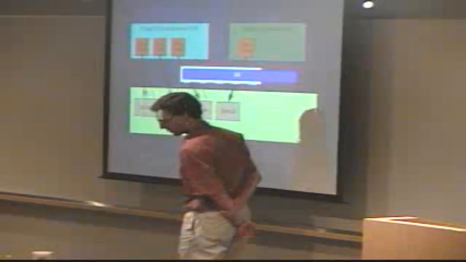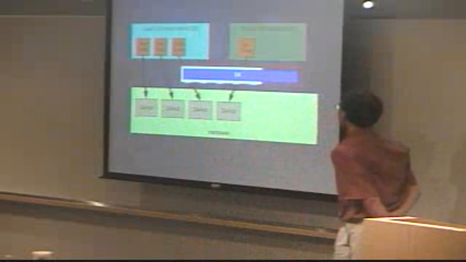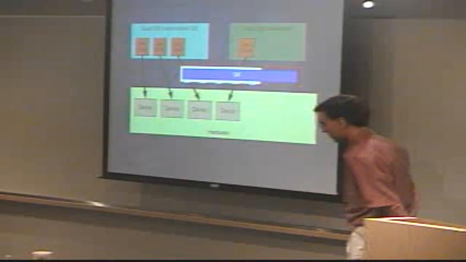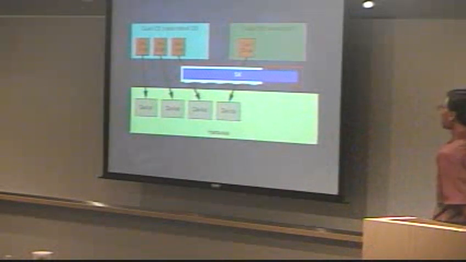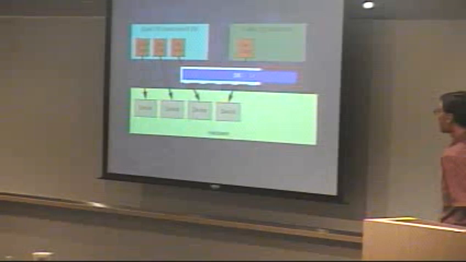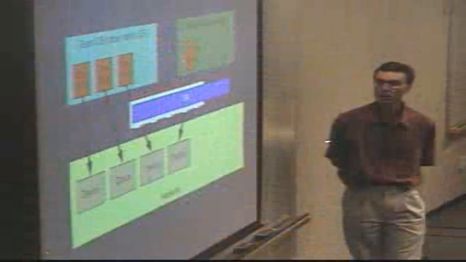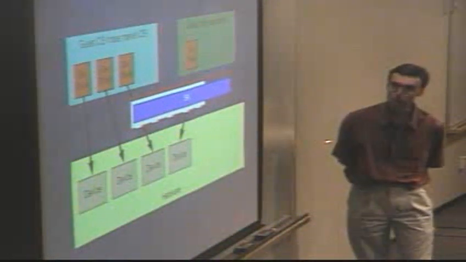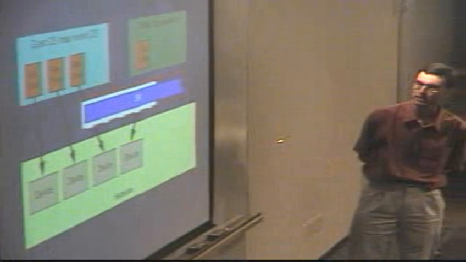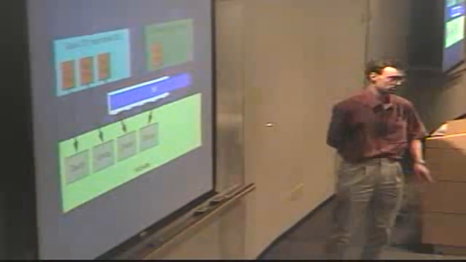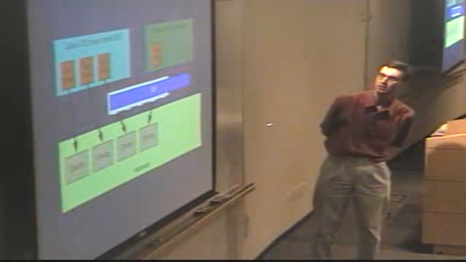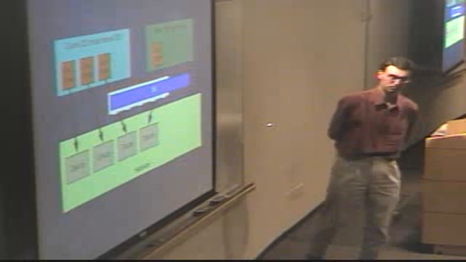In this picture, we have two guests. In principle, there's no reason why there couldn't be more than two guests. In practice, with the hardware that we have today, there are certain difficulties to extending the number of guests beyond two, but we can talk about what these difficulties are later.